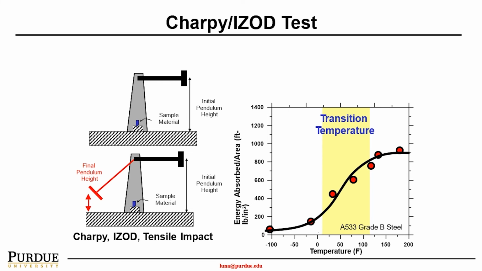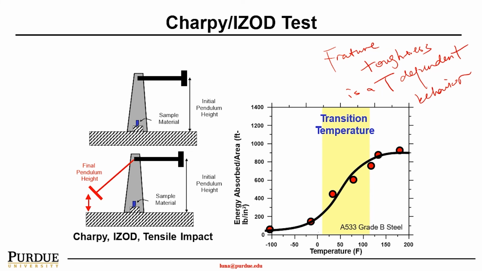One important thing I want to point out is that the material's fracture toughness is temperature dependent. There is one certain temperature that is very important, which we call the brittle to ductile transition temperature, BDTT.